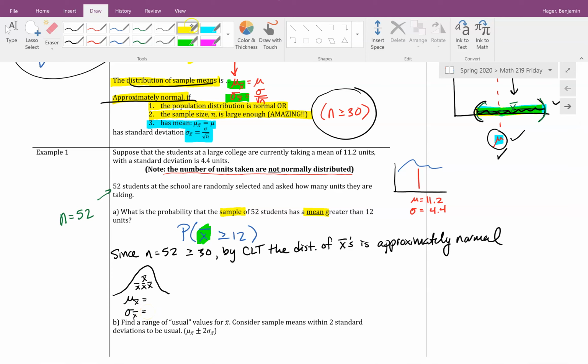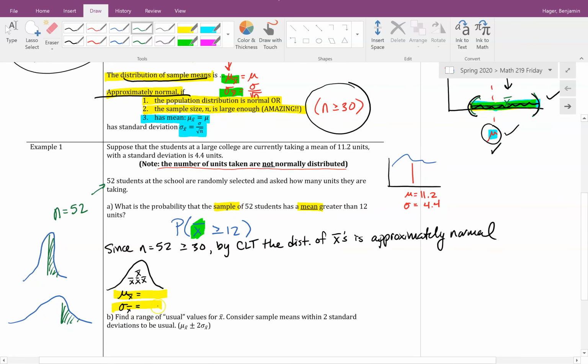Those two bits of information have to be used when finding your z-scores, or plugged into StatCrunch, so it knows: is it a skinny normal curve or a wide normal curve? You want me to find area under the curve, I can do it, but I have to know the exact shape of that bell curve, and the mean and standard deviation determine that.